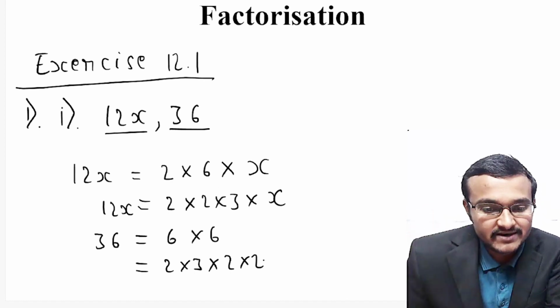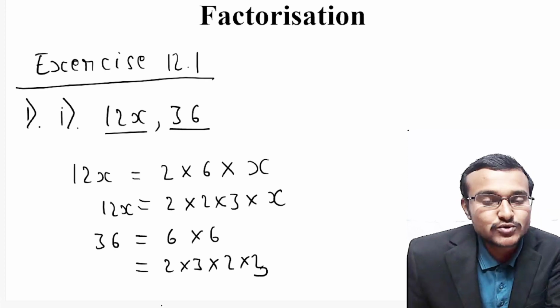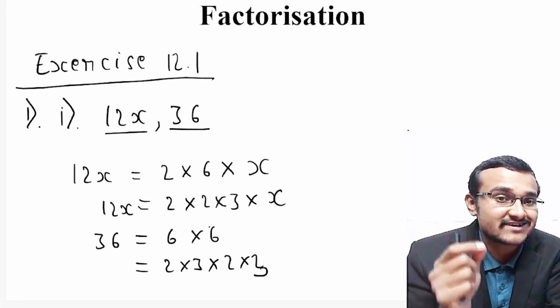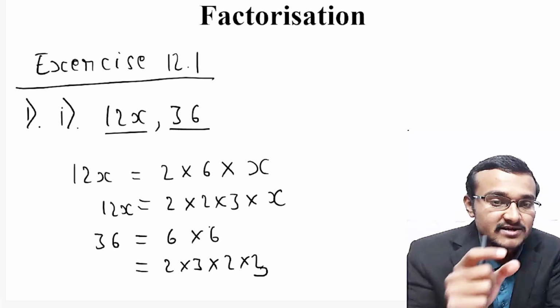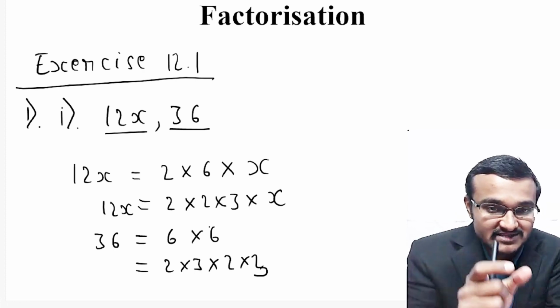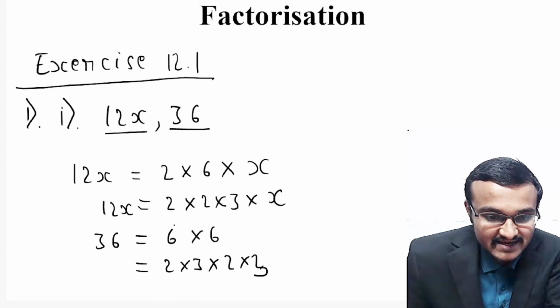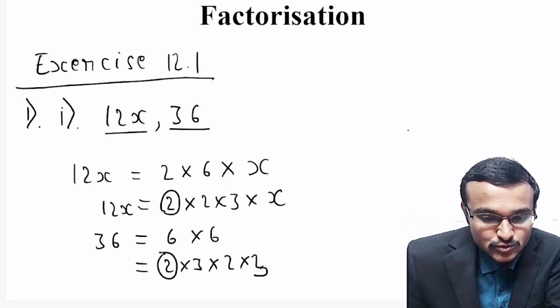Now you can see which factors are common in these 2 examples which they have given in this first question, that is 12x and 36. Here you can see in 12x one 2 is there, and in 36 also one 2 is there.